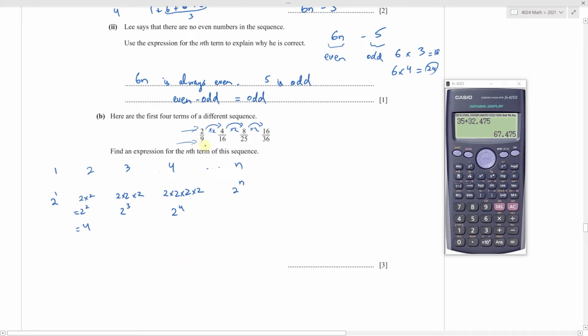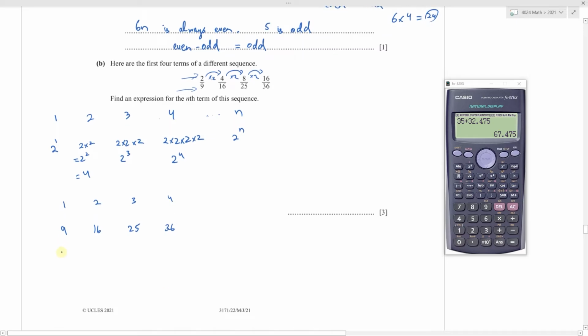Now let's look at the denominators. First term is 9, second term is 16, third term is 25, fourth term is 36. If you look at these numbers, these are all square numbers. This is 3 square, 4 square, 5 square, 6 square, and so on.